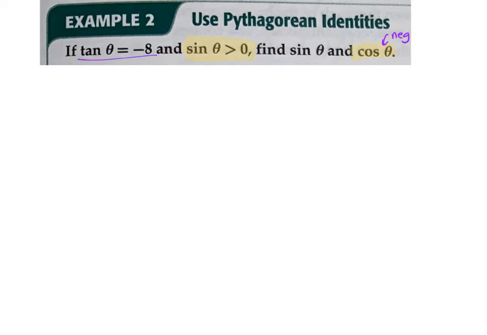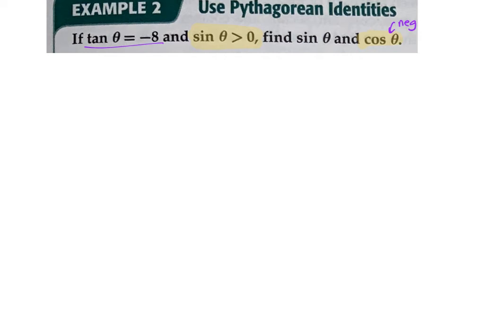If I have the tangent, then I am going to solve for secant. Secant is going to help me with tangent because I will have the reciprocal of my cosine. So I'm going to use my Pythagorean identity that deals with my tangent. My tangent squared plus 1 should equal my secant squared. I'm going to fill in what I know.